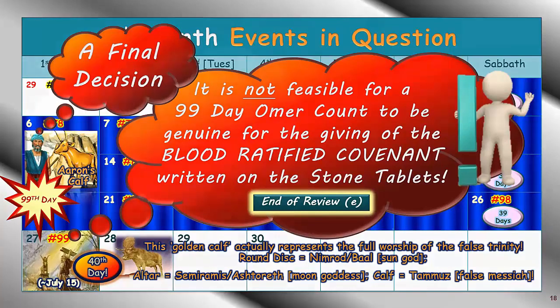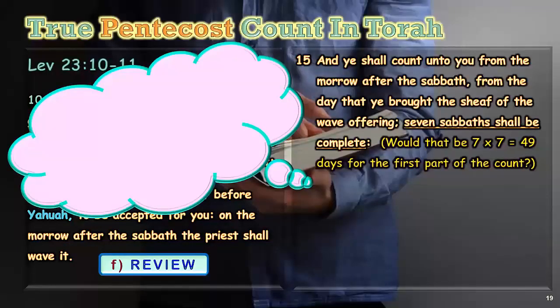And here is review F, the true Pentecost count in the Torah. "And ye shall count unto you from the morrow after the Sabbath, from the day that ye brought the sheaf of the wave offering. 7 Sabbaths shall be complete." Would that be 7 times 7 equals 49 days for the first part of the count?